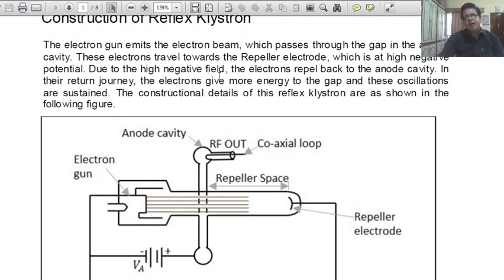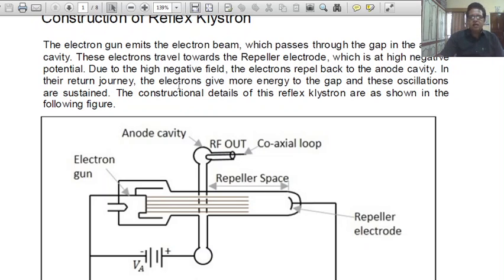Due to the high negative field, the electrons are repelled back to the anode cavity. If a positive field is given, then it collects the electrons, and if negative potential is given, then it repels them back to the anode cavity.